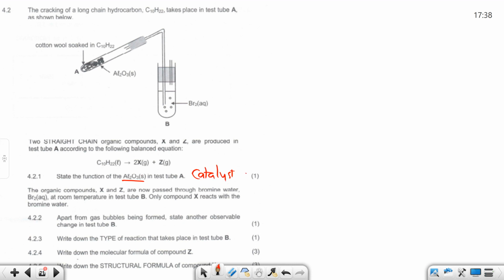Okay. The organic compounds X and Z are now passed through bromine water at room temperature in the test tube. Only compound X reacts. It means X is an alkene. That's the key there. Z will therefore be what?